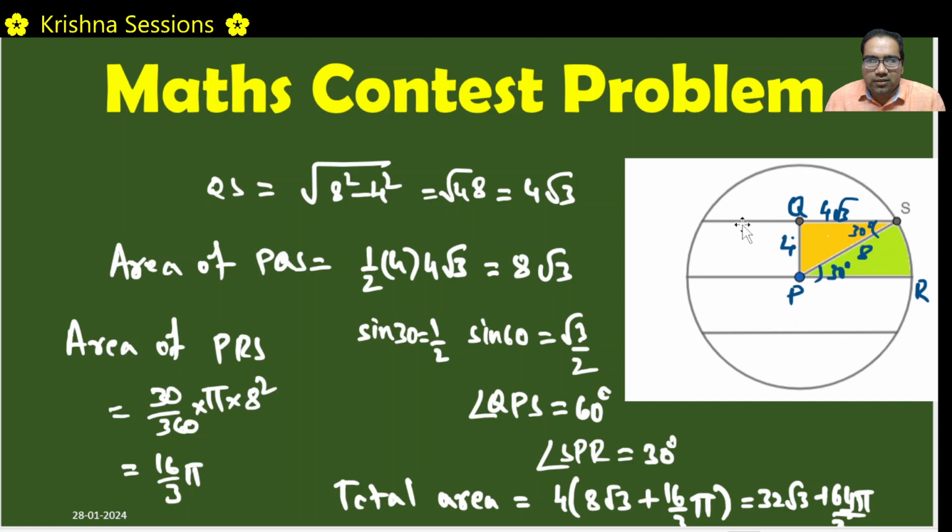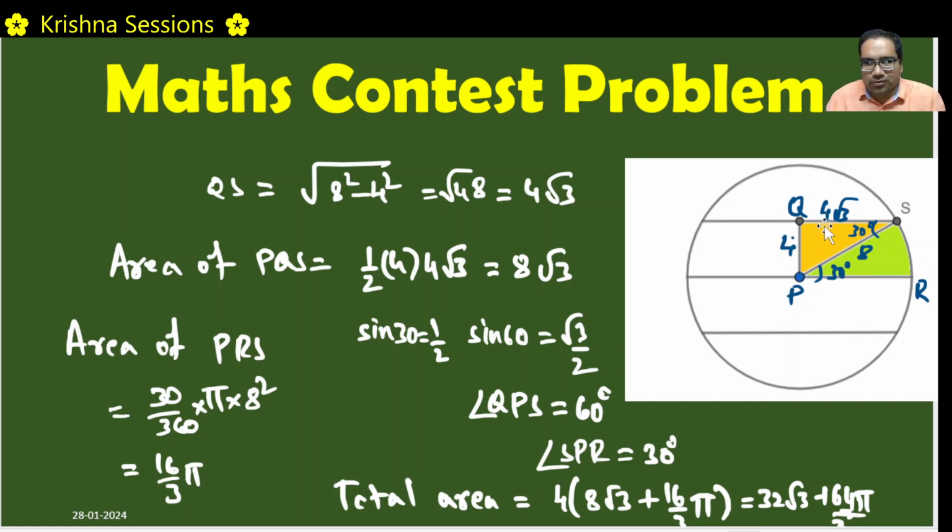For example, we can divide this entire area into four parts, each part like this. Now each part would look like this, and we can break this part into two parts, the green one and the yellow one. The green one is a pie, and the yellow one is a right angle triangle.